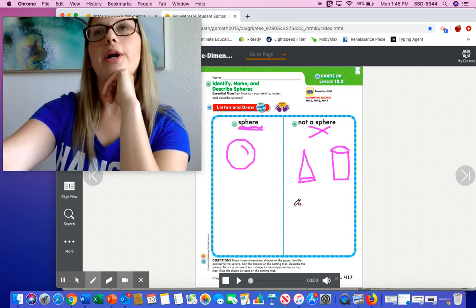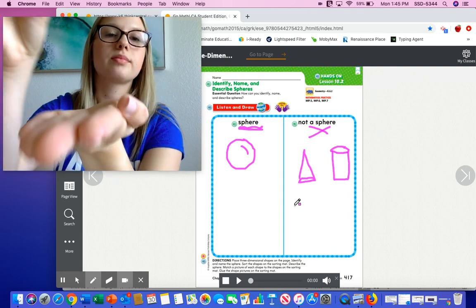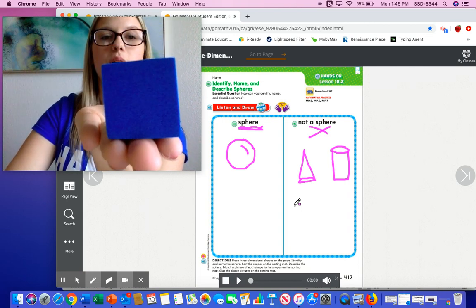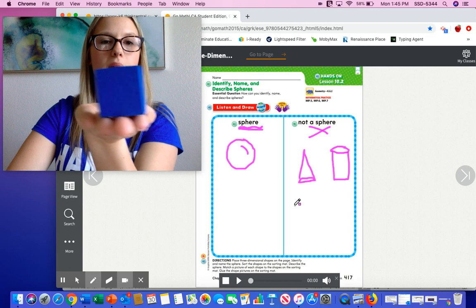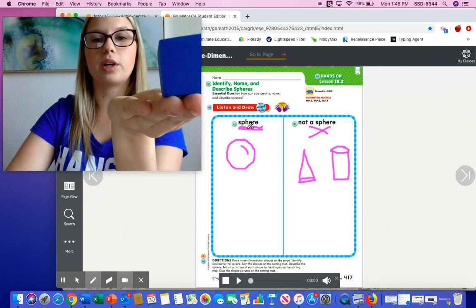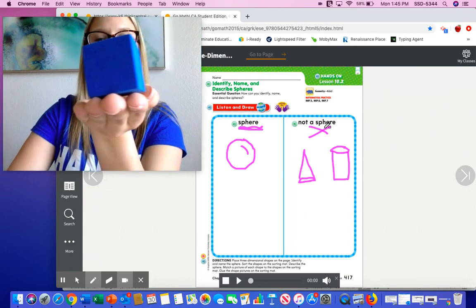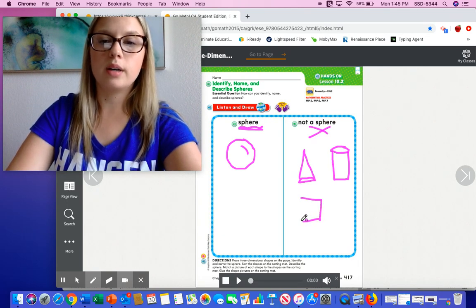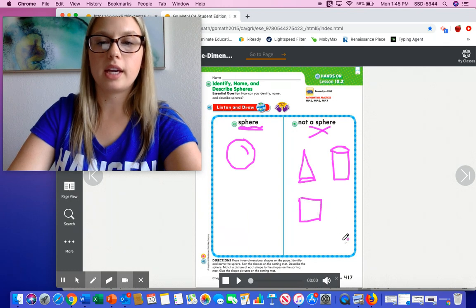All right, one more. Is this a sphere? No, this looks like a box or a square, right? This is actually a cube. So we're going to put it on the side that says not a sphere. Go ahead and draw a cube. You can do that by drawing a square.